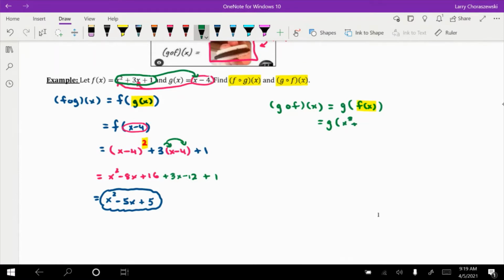So again, we're plugging in x squared plus 3x plus 1. And let's go ahead and do that right now. So instead of x minus 4, it's going to be x squared plus 3x plus 1 minus 4. And that's going to simplify as x squared plus 3x minus 3.